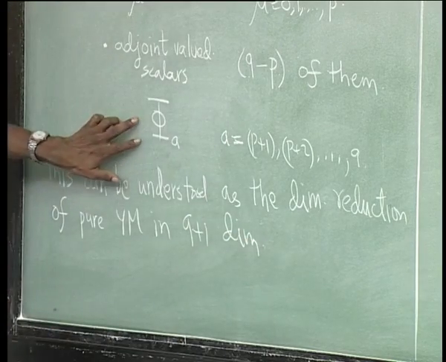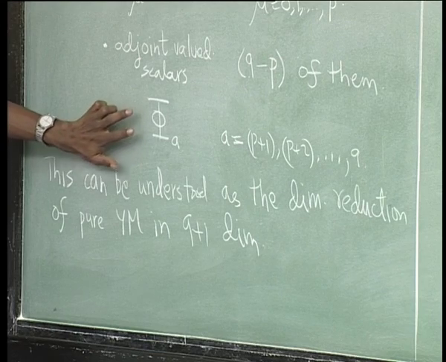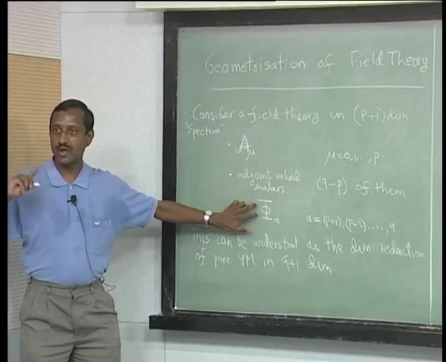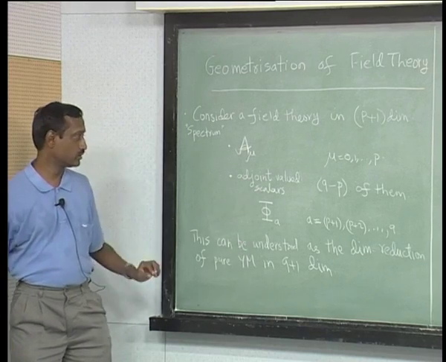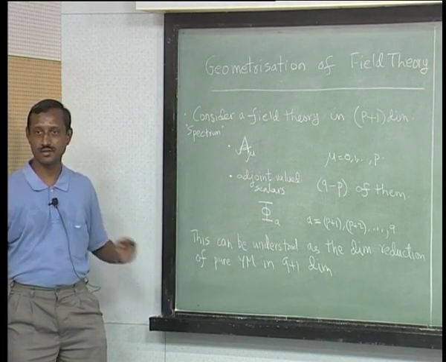You will see that these fields are basically what would have been gauge fields in 10 dimensions; they give you adjoint valued scalars. Okay. Is this clear, the spectrum?